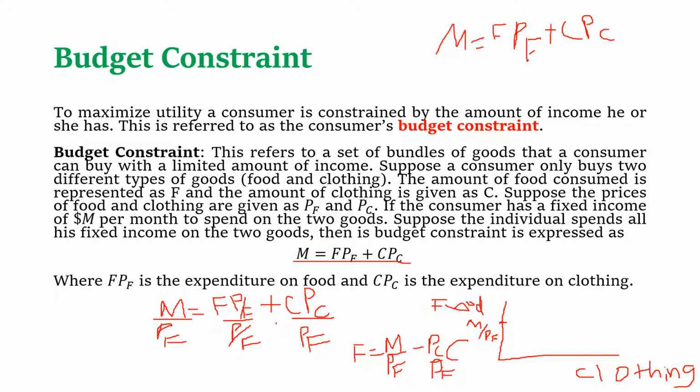Now, what do we do here? We say we have to divide the entire budget line by PC because we want to find the intercept on the clothing axis, which is the horizontal axis. So divide by PC, right? And then we do the same thing to CPC by PC.